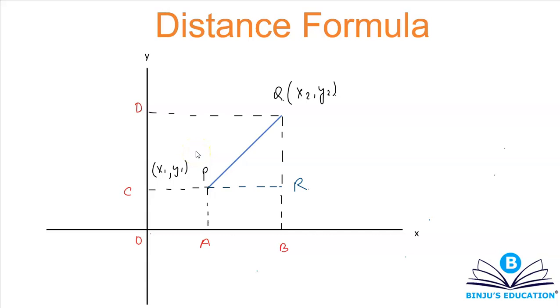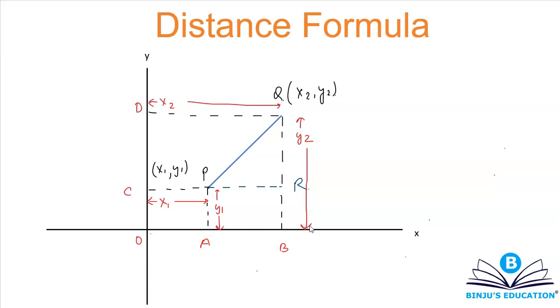Now if I use that concept of distance from x and y axis, I can say that this distance is x1 and this distance is y1. Similarly, this distance is x2 and this distance is y2. Okay, now observe carefully, DQ is x2.